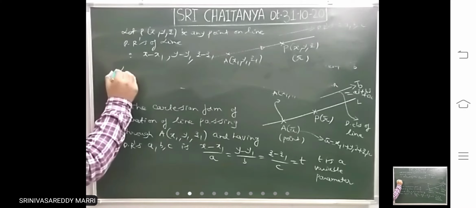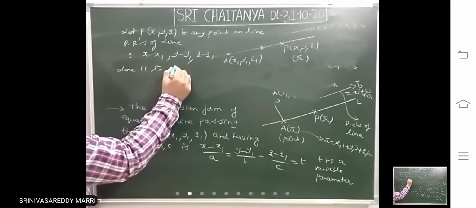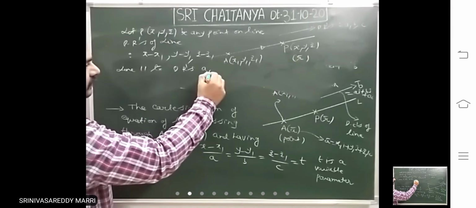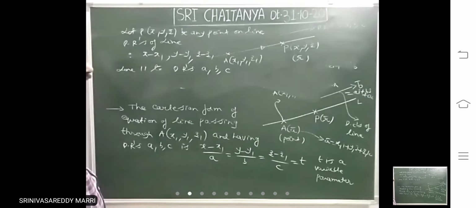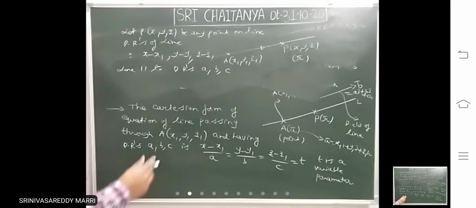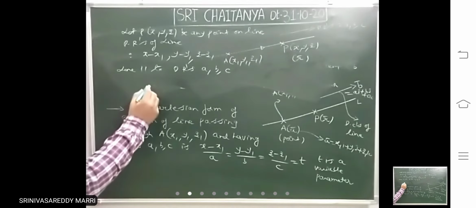So the line is parallel to DRs A, B, C. Look at this line and this line vector is there, parallel. Parallel means this line and this line are parallel.